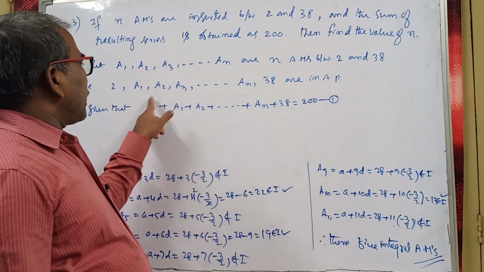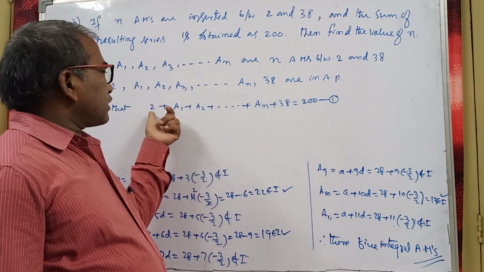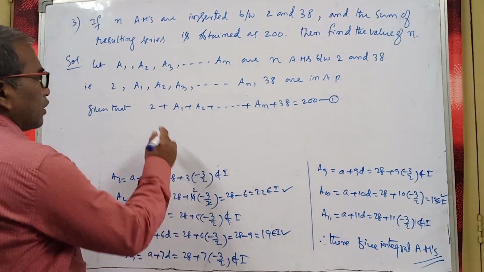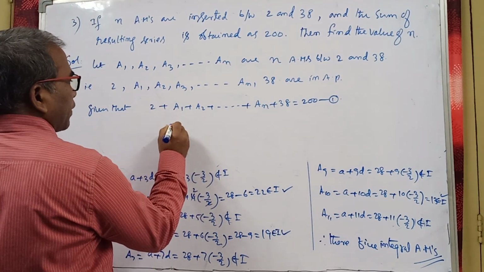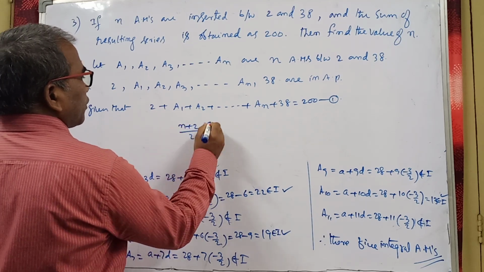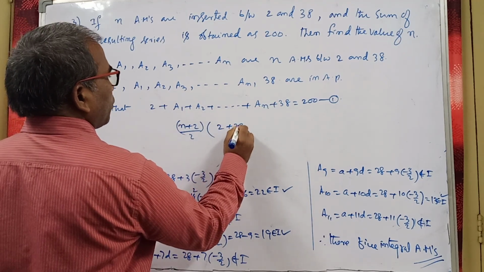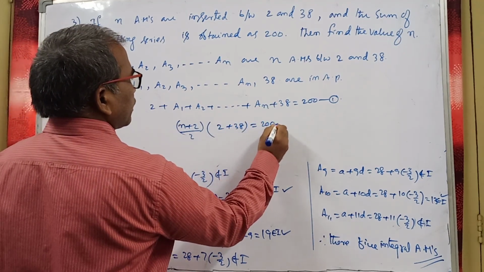So we know the sum of this. Here total n plus 2 terms are there. First term, last term. Tell me the formula: (n+2)/2 into first term plus last term, 2 plus 38, is equal to 200.